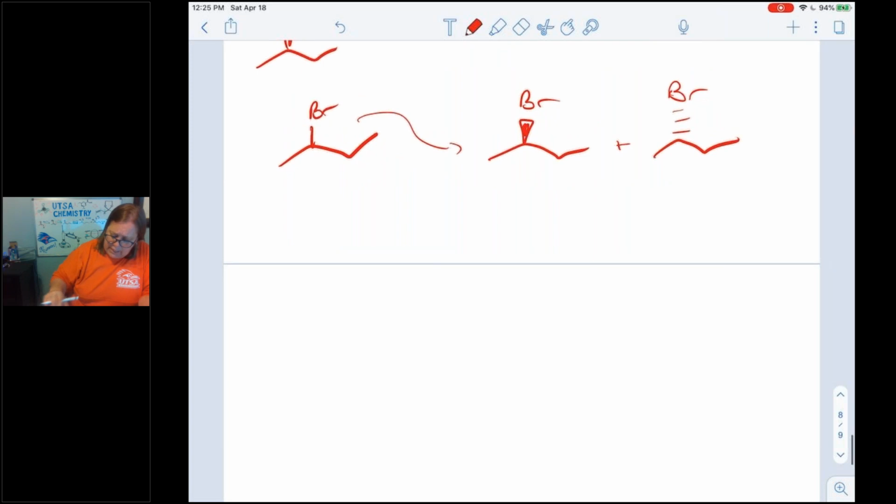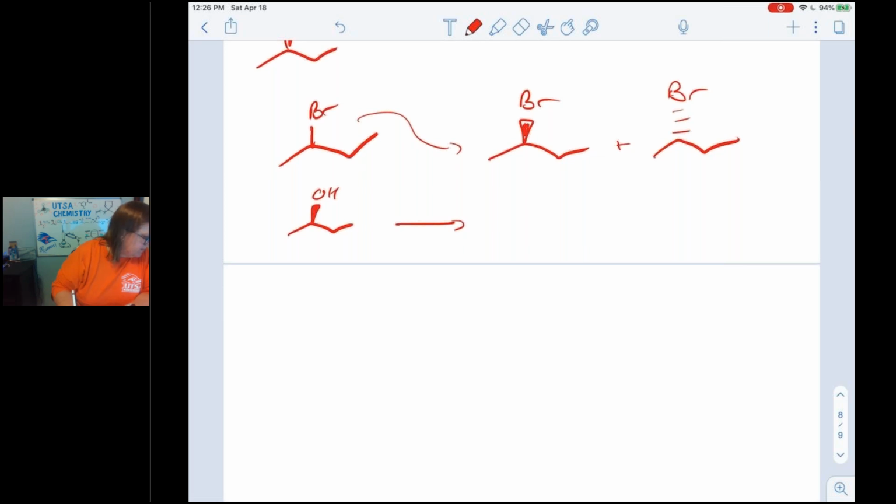So the last type of reaction that we're going to talk about, and I always forget this one. This was a new reaction that was introduced, I think, in the other edition. It uses zinc chloride.